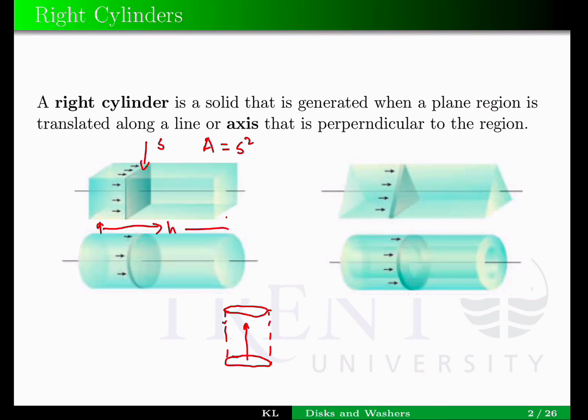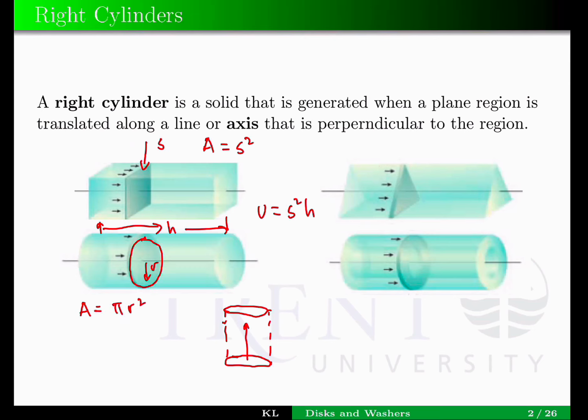by h units, then the volume of this one is S squared h. And this is our usual formula for a rectangular prism, a square prism in this case. We have this circle here, and if this circle is of radius r, then the area of that one is pi r squared.